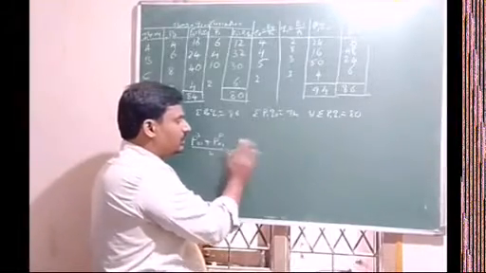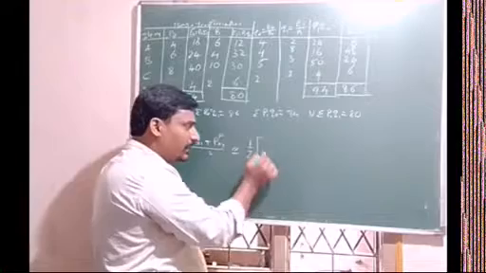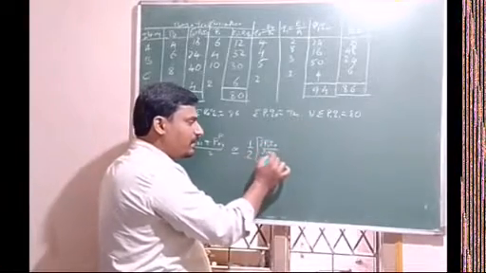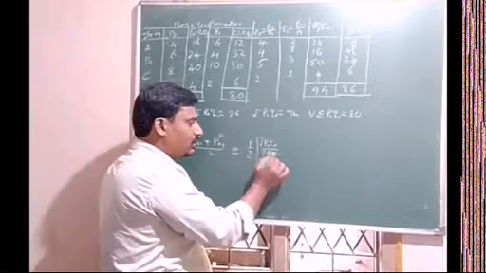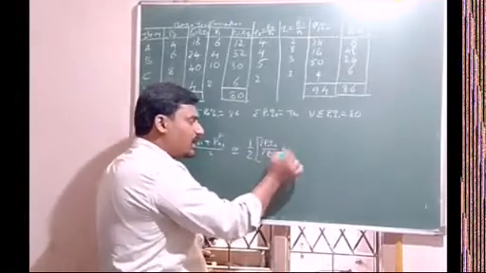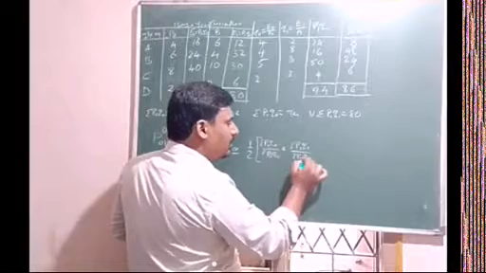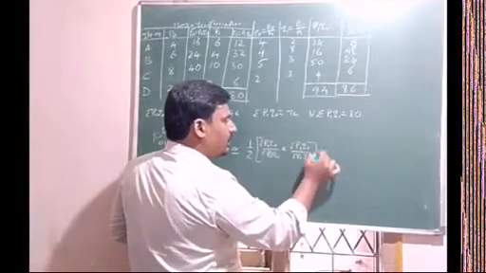That is 1 divided by 2 into bracket summation P1Q0 divided by summation P0Q0 plus summation P1Q1 divided by summation P0Q1, into 100.